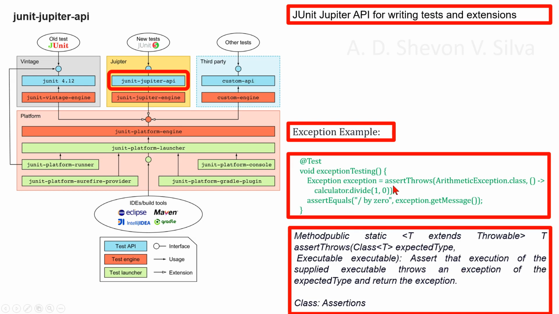Here the method is public static <T extends Throwable> T assertThrows(Class<T> expectedType, Executable executable). It asserts that execution of the supplied executable throws an exception of the expected type and returns the exception.